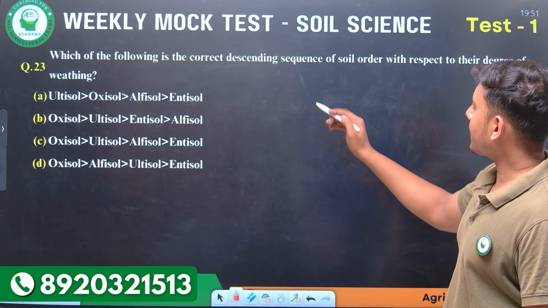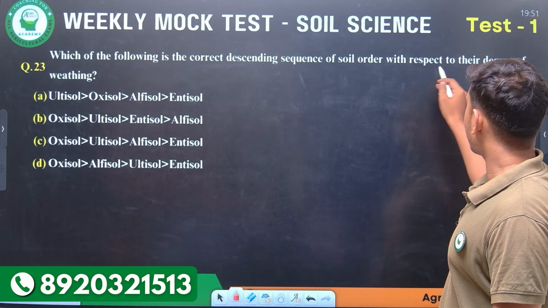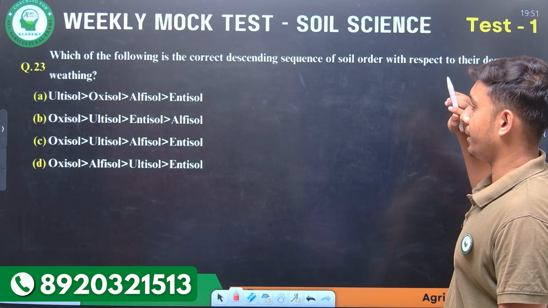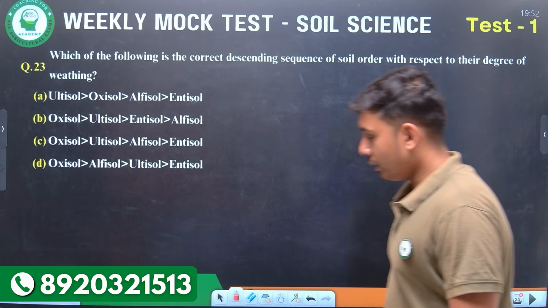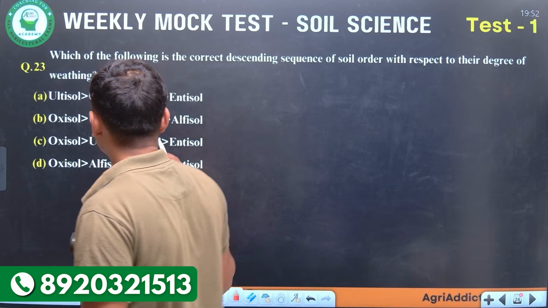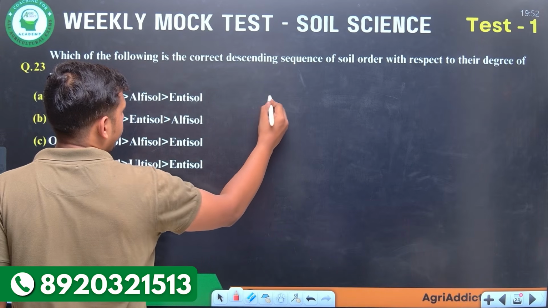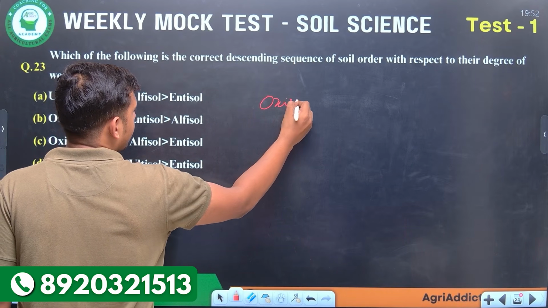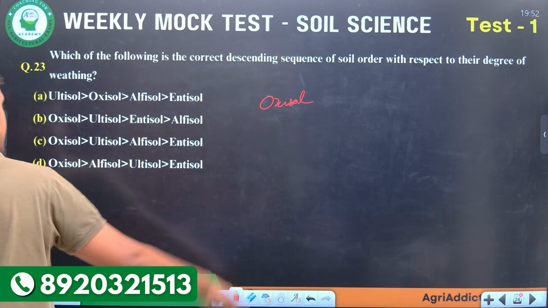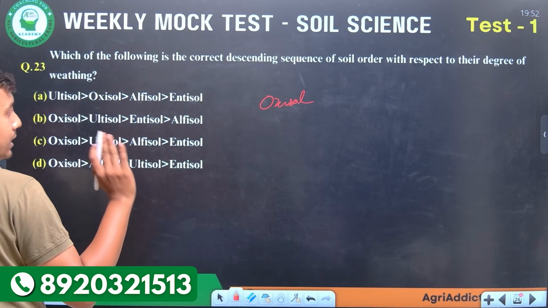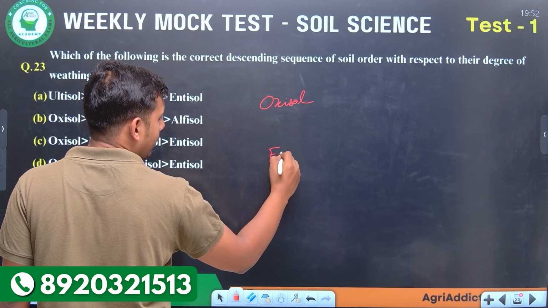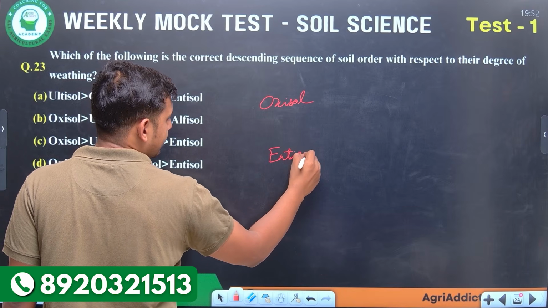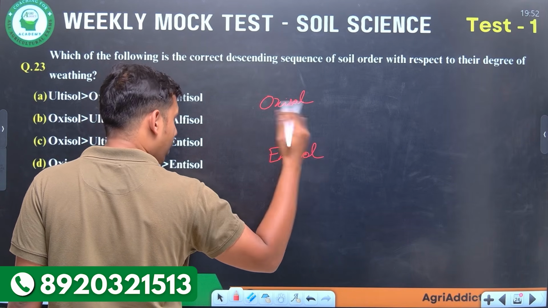Now next question. Which of the following is the correct descending sequence of soils with respect to their degree of weathering? This is a sequence type of question. The degree of weathering is highest in oxisol, we know that. And also entisol is the lowest, that we also know; it is recently developed, or even not matured.